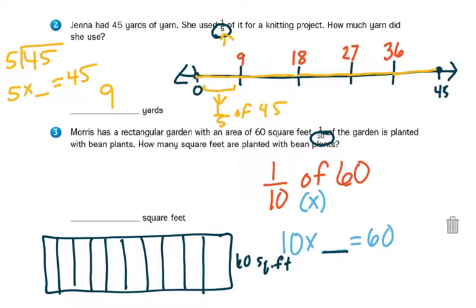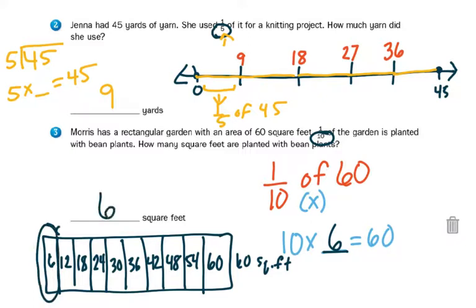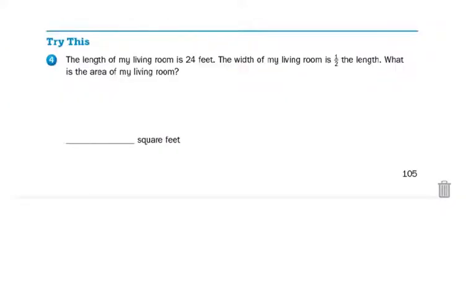Well, 10 times 6 would be 60, so each of these represents 6. 6, 12, 18, 24, 30, 36, 42, 48, 54, and 60. If I added those all up. So 1/10 of it would be 6 square feet.